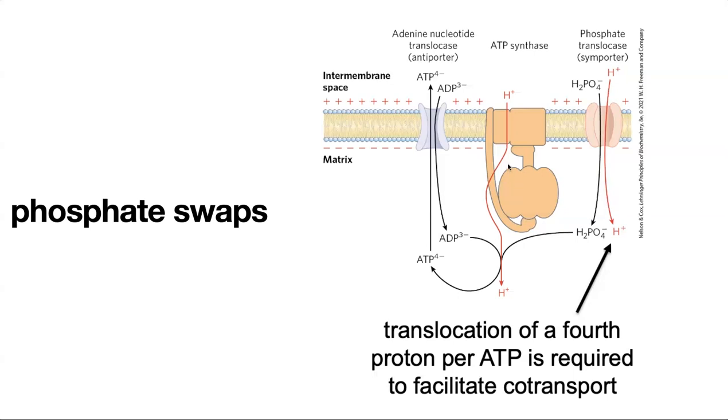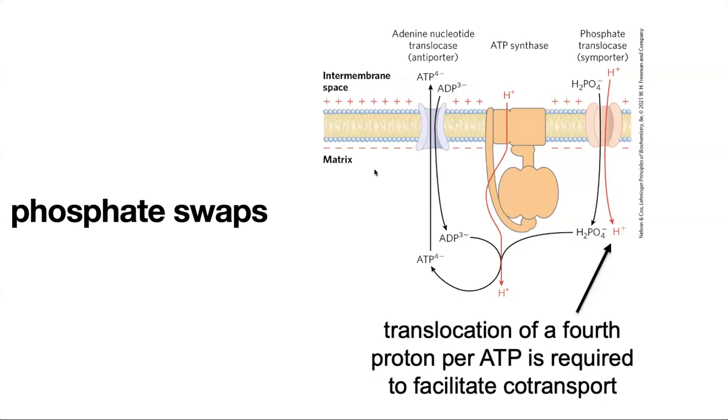So we need those 3 to turn the pump, and then we need the 4th to facilitate the co-transport of bringing in this inorganic phosphate to keep things going. And then indirectly, the gradient we're producing is also being used to power this other swap.